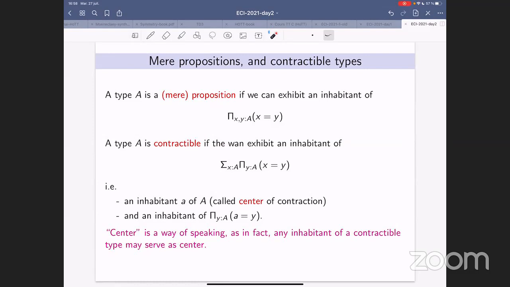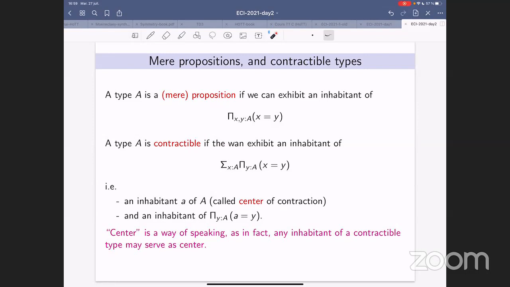You are happy with the fact that your proposition is true or false. If it's true, it's inhabited. If it's false, it's not inhabited. And if it's inhabited, that's all you want to know about it. You don't want to study the structure of proofs of this proposition. So this is the idea of a proposition.